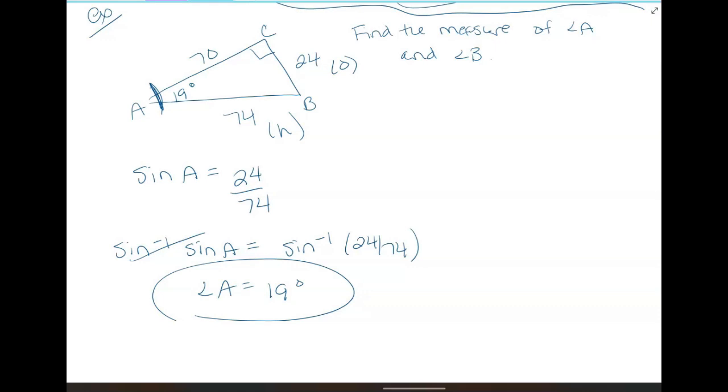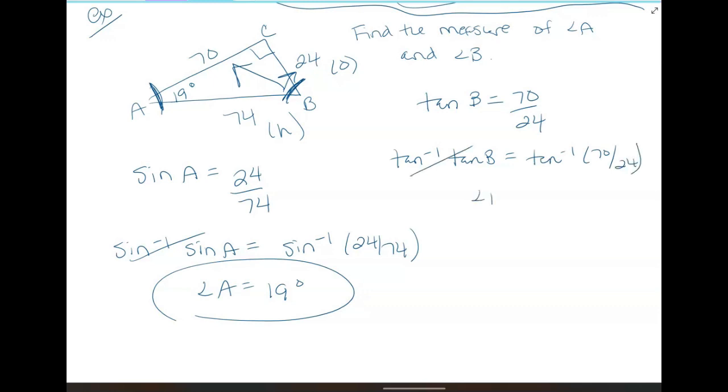Let's use the tangent on angle B. So now here I am at angle B. And the tangent is the opposite over the adjacent. So 70 over 24. When I operate the inverse tangent on both sides, then I get an expression that looks like this. And then I'm going to get angle B, of course, is 71 degrees.